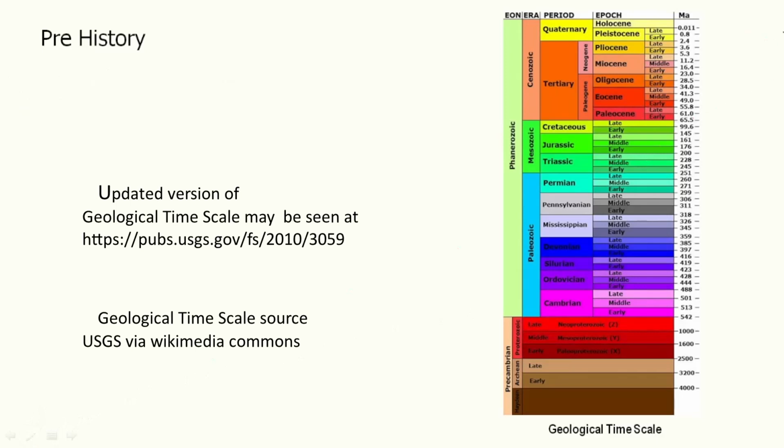Let us see the geological time scale. We have the main divisions of Quaternary, which is 2.4 million years and above. We have the Tertiary, 65 million years and above. We have the Mesozoic, in between 251 million years and 65.